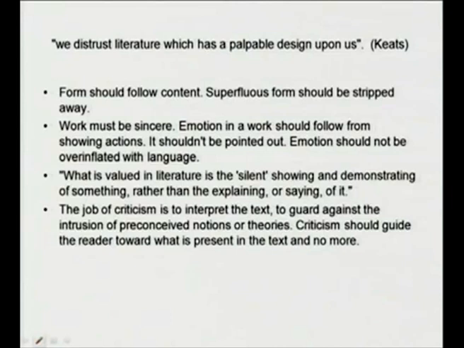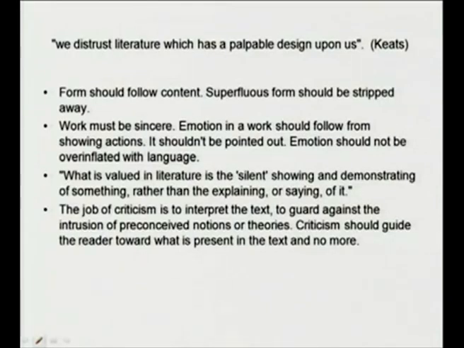As Keats had said, we distrust literature which has a palpable design upon us, and it was Keats who had talked of negative capability, who had talked of beauty is truth, and we find that the way we understand or want to interpret the text has its own dimension.